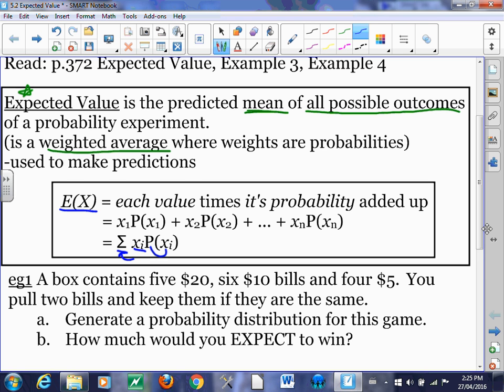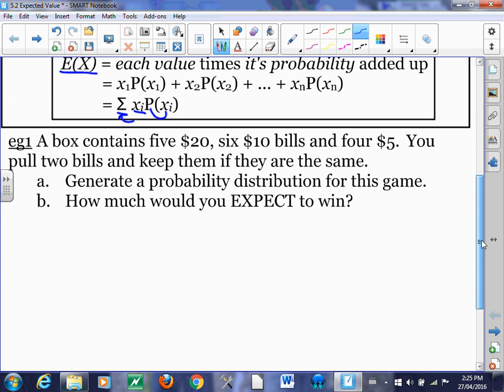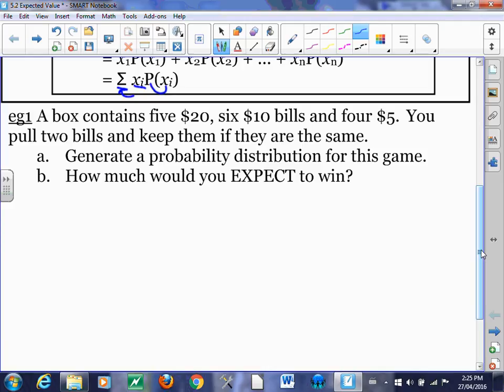All right, let's take a look at an example and see how that expected value works. A box contains 5 $20 bills, 6 $10 bills, and 4 $5 bills. You pull 2 bills out and keep them if they are the same.